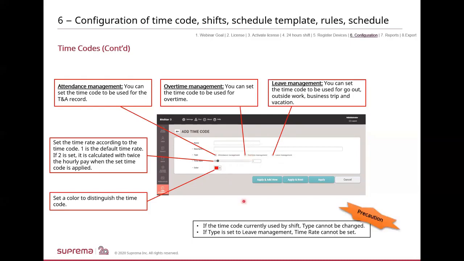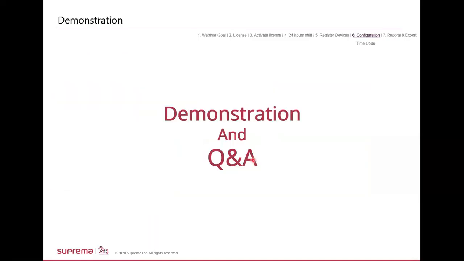Please note that if the time code is used by a shift, so you have configured a shift and used that time code, the type of that time code cannot be changed unless you delete or change that time code in the shift. And if the type is set to leave management, then the time rate cannot be set or changed.